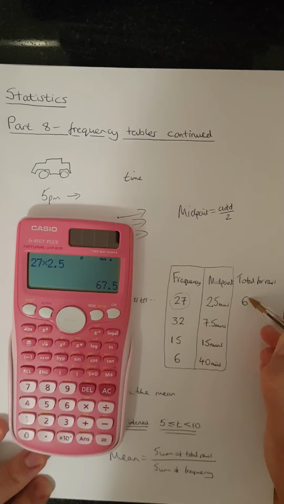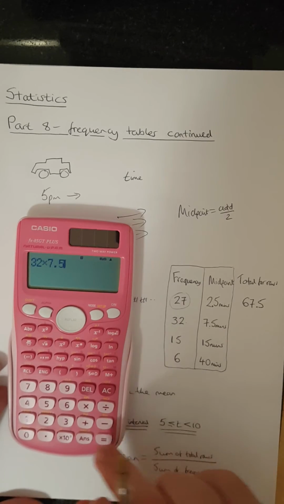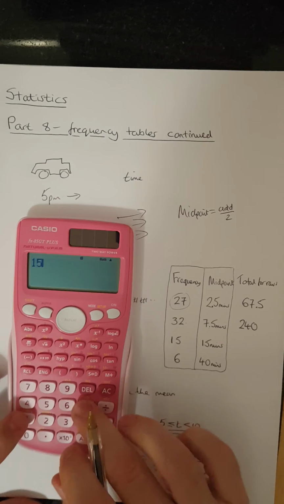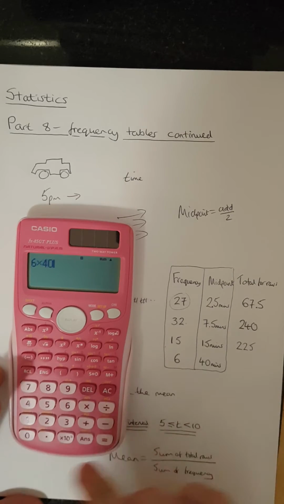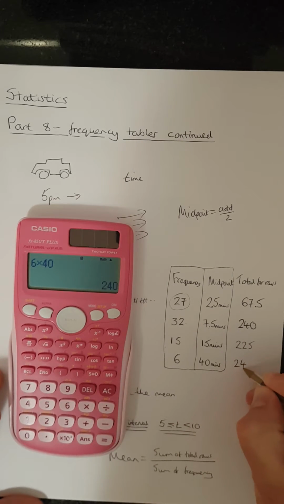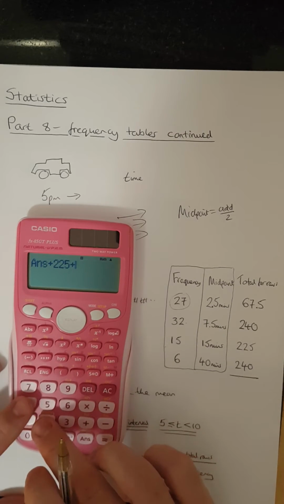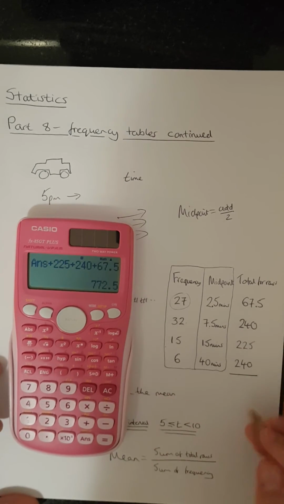So that's 67.5 in total. For the second one, there are 32 values at 7.5. For the third one, there are 15 values of 15. And the last one is 6 values of 40. So our total is 772.5.